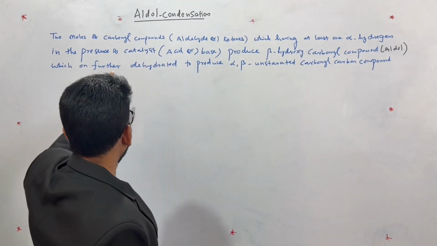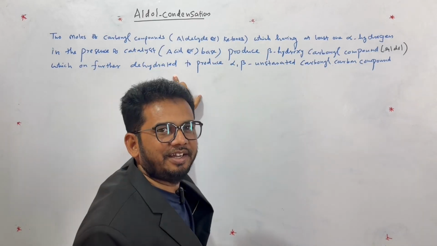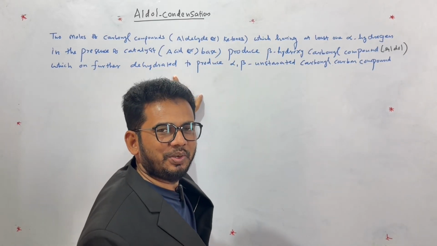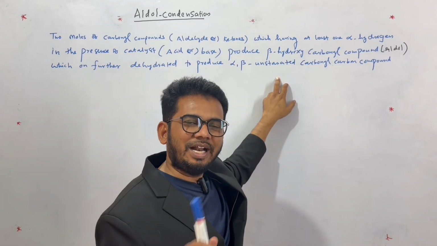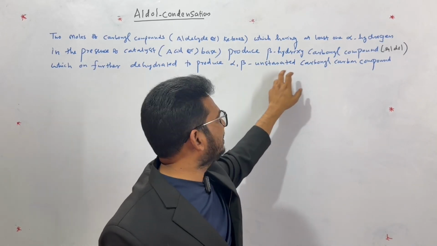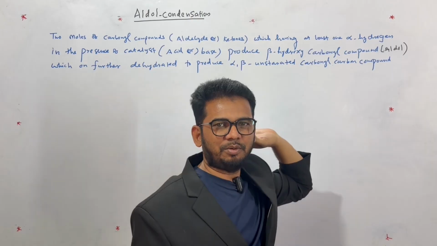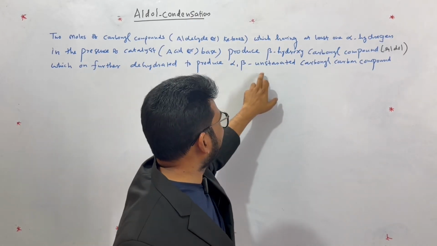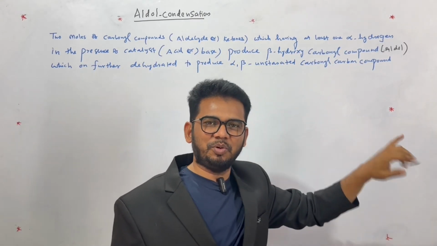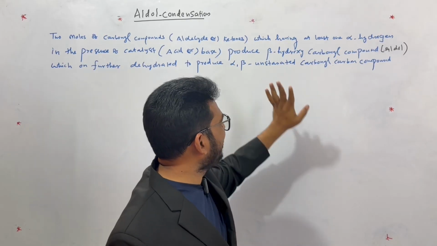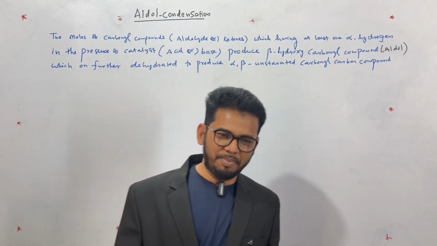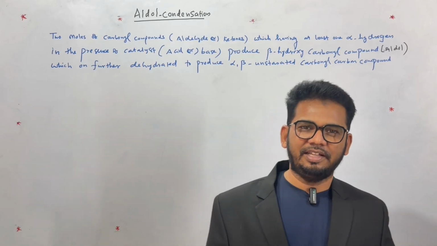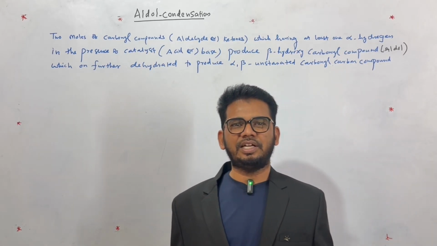Then on further dehydration, after losing a water molecule, it is produced as the aldol condensation product. That is the alpha, beta unsaturated carbonyl compound, either alpha, beta unsaturated aldehyde or alpha, beta unsaturated ketone.